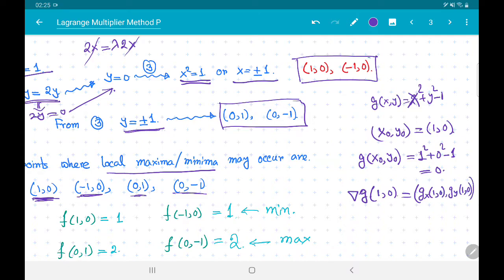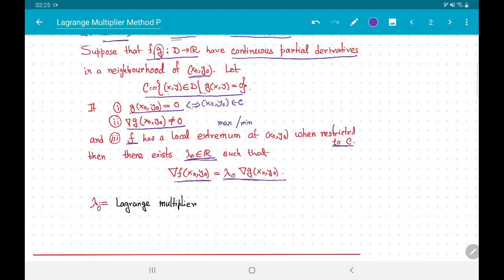Gx is equal to 2x, so this is going to be 2. Gy is equal to 2y, and when we evaluate at the point 1, 0, this gives 2, 0. This is not equal to 0, 0. This was the second condition of the Lagrange multiplier theorem.